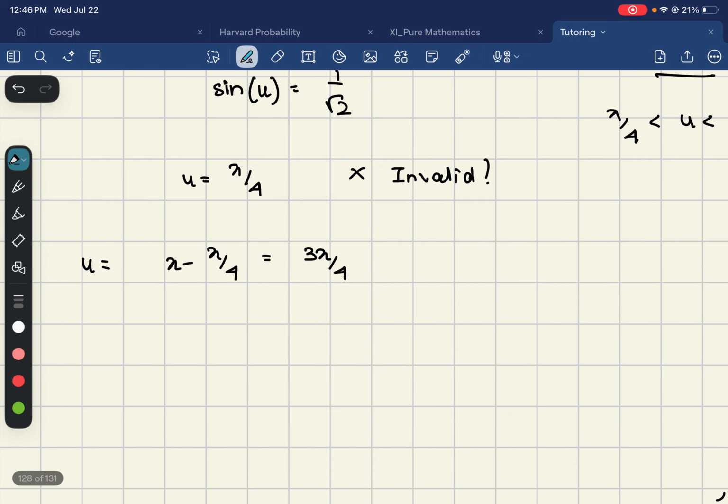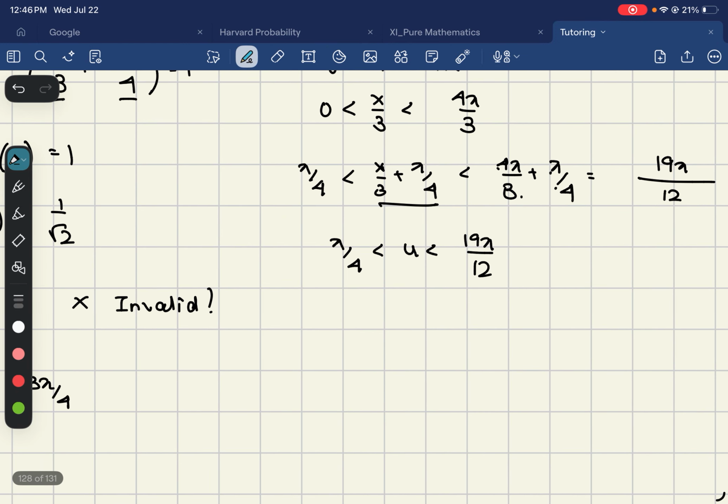Well, up until 360 degrees, which is 2 pi, right? So let's write this in terms of pi. All right. So 19 pi I can write as 12 pi plus 7 pi, right? And I can distribute this. I can write this as 12 pi over 12 plus 7 pi over 12, and 12 pi over 12 is just pi.